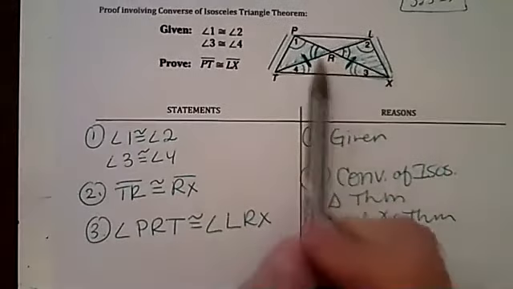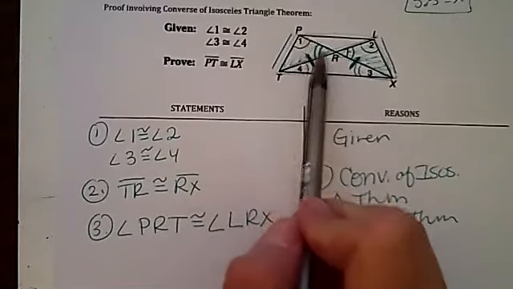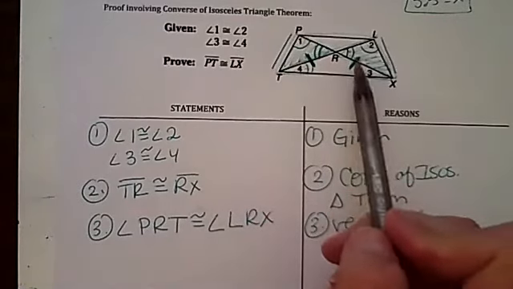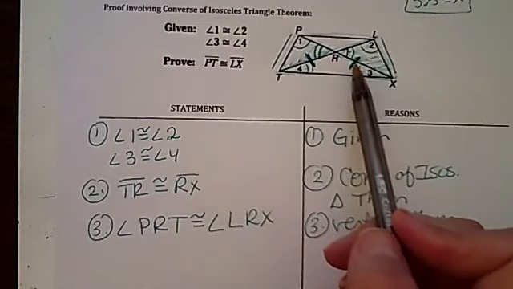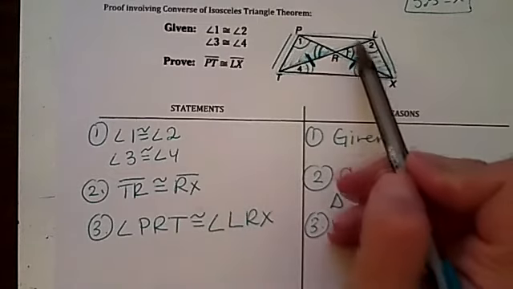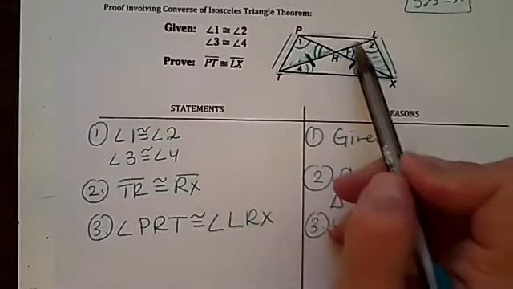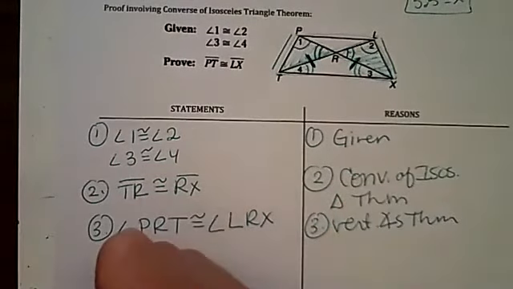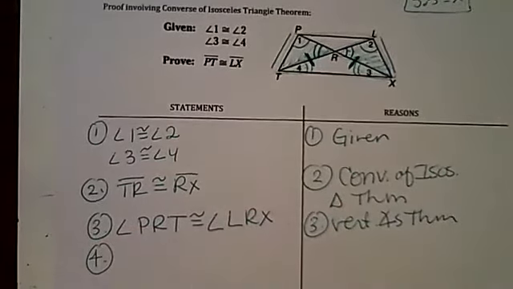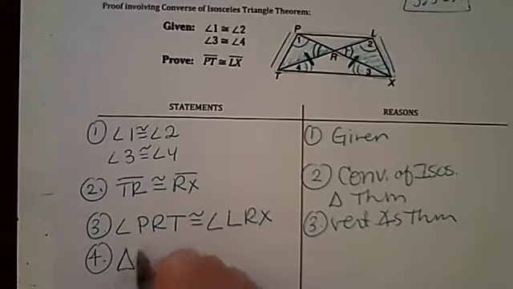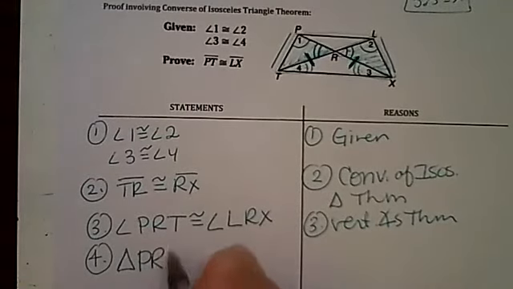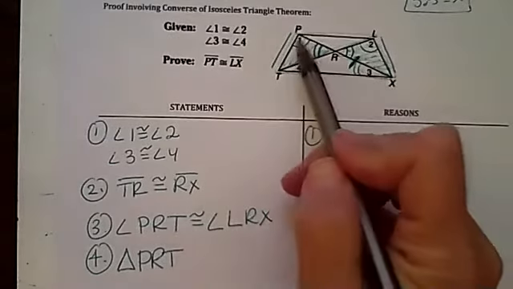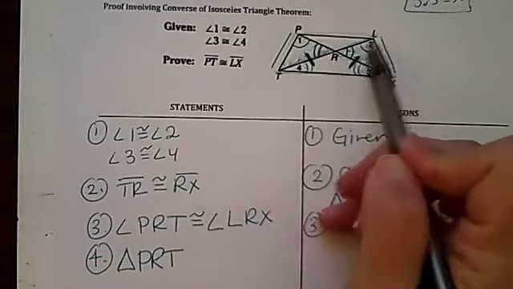Now we have enough information to say the triangles are congruent by angle, angle, side. I noticed a lot of you were mixing up angle, angle, side and angle, side, angle. In order for it to be angle, side, angle, the marked side has to be in between the two angles, which this one's not. So that's how I know. And then we need a congruent statement. So I can say triangle PRT, and I can do the same here, from one arc to two arcs to none, and then one to none.